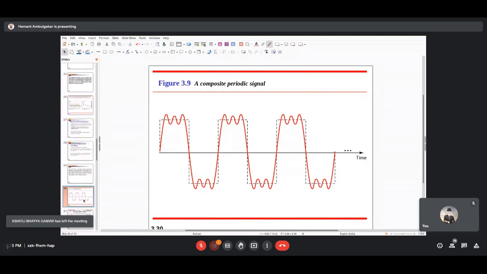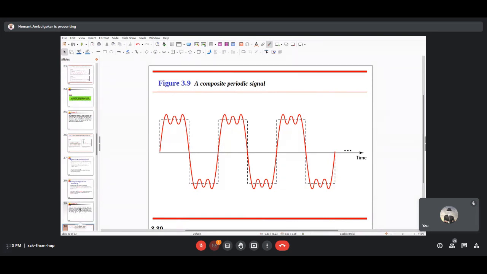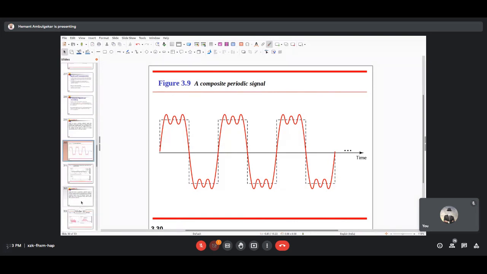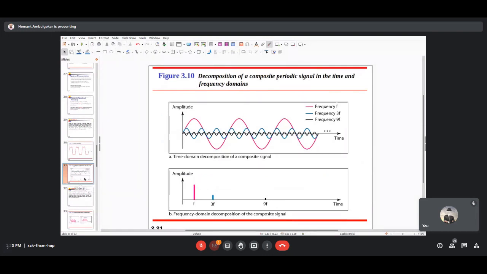Now here is a composite signal. As the name implies, it has a number of signals with different amplitude, different phase, or different frequencies. So obviously we have to decompose it. How does this composite signal get decomposed?